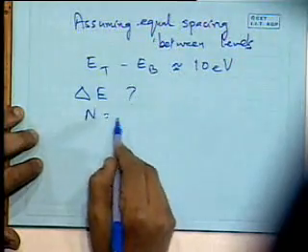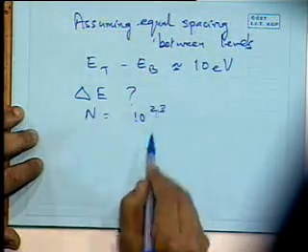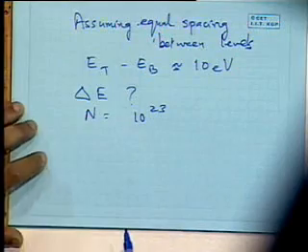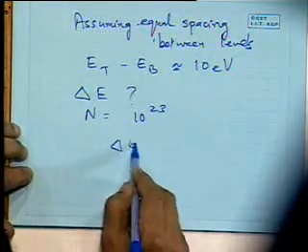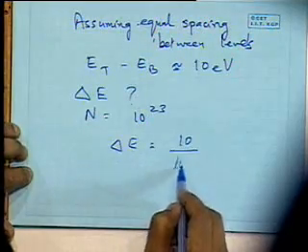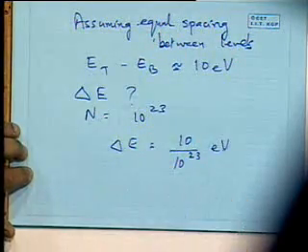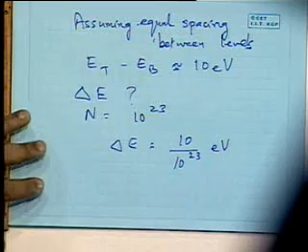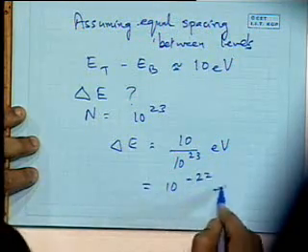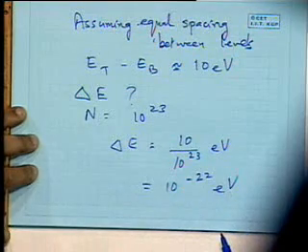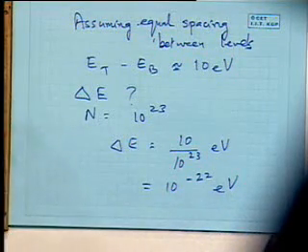We know n is equal to, say, 10 to the power 23 levels. So roughly delta E is something like this. What is that? 10 to the power minus 22 eV.